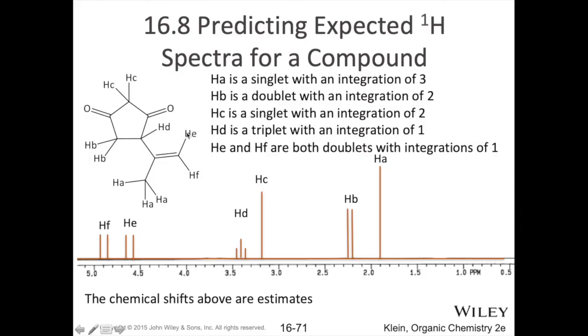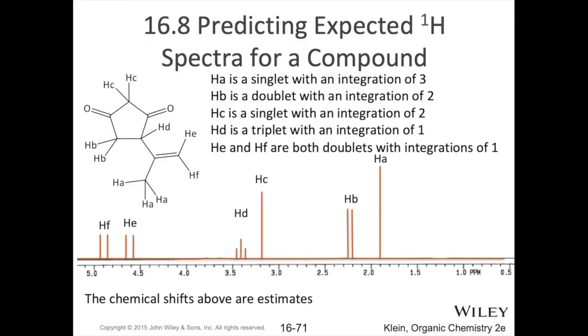If you're wondering why hydrogen E and hydrogen F aren't identical, they're locked into place by that double bond. Hydrogen E is closer to the rest of this molecule whereas hydrogen F is closer to this methyl group, and they're locked in that position. So that's why they're not in the same environment, and that's why they have separate signals. Okay, so let's look at the signals we would see.